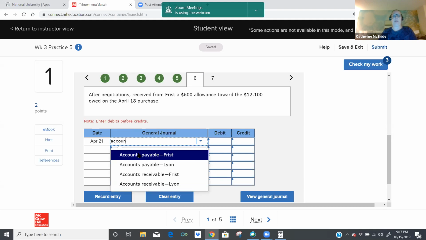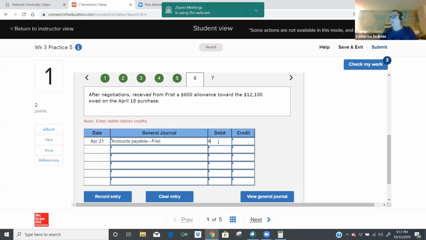So I'm going to take my accounts payable and take off $600. And I'm doing that on my T account too. Now, what do I do with the discount? I reduce the value of my merchandise inventory. So I'm reducing my inventory and I'm reducing my payable.